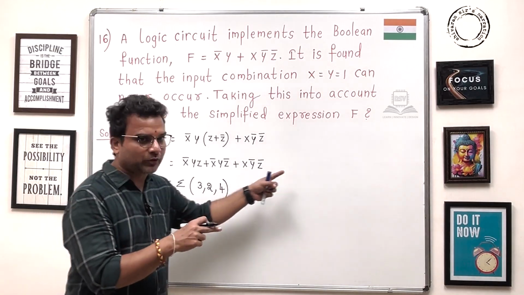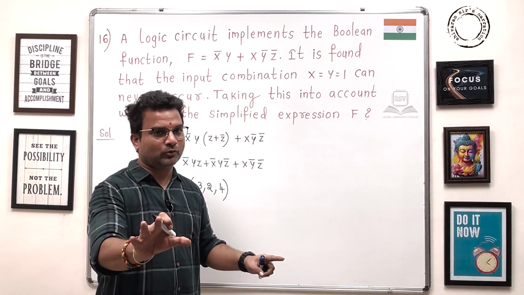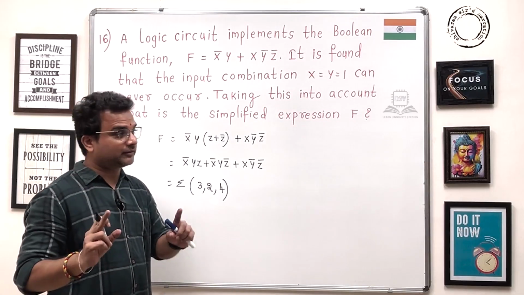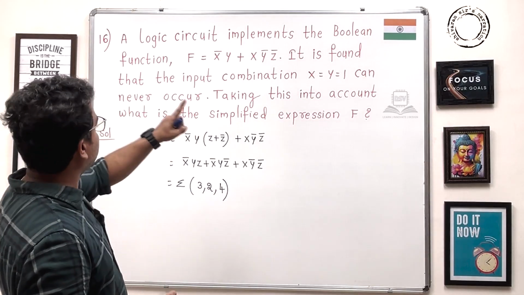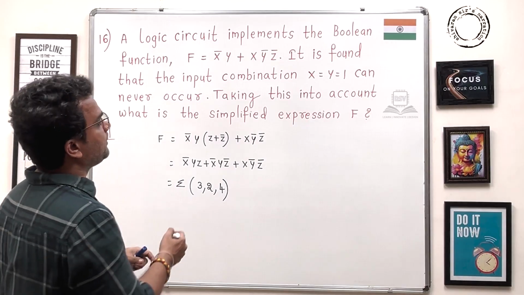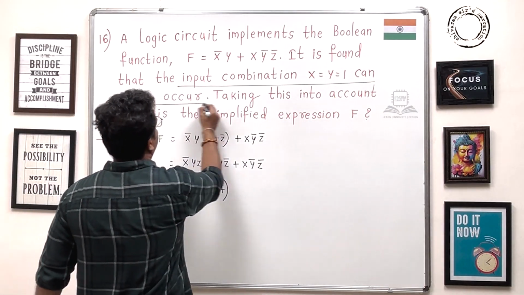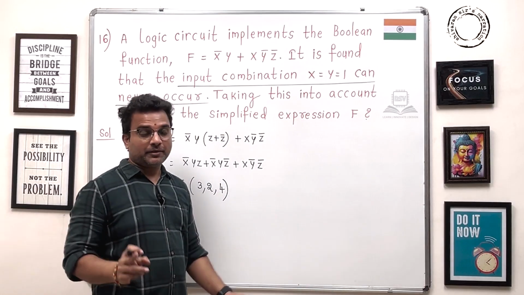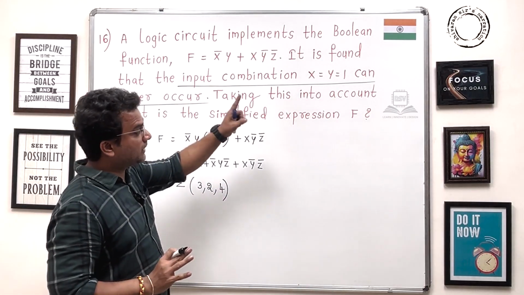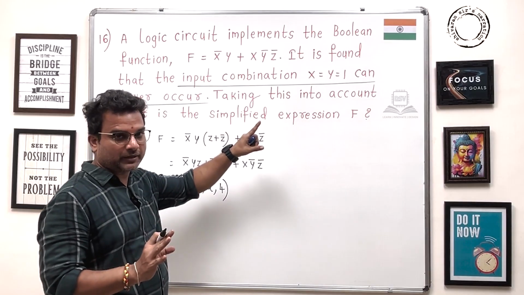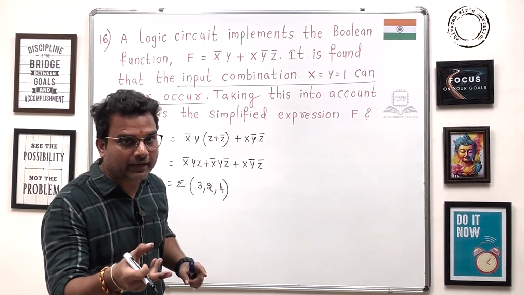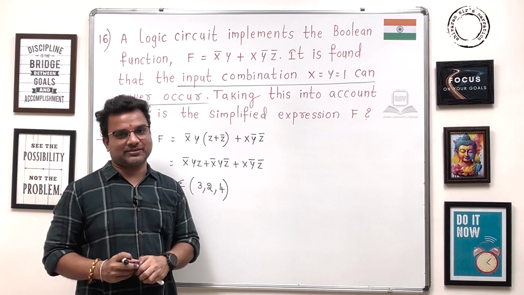Can we go to the K-map? Can we simplify? No. Wait. One more thing is there. It is found that the input combination x equals y equals 1 can never occur. Never means, guys, whatever x equals y equals 1 combination can be treated as don't care conditions.